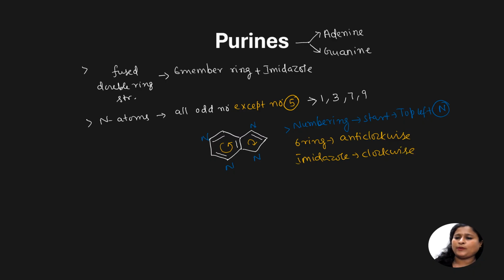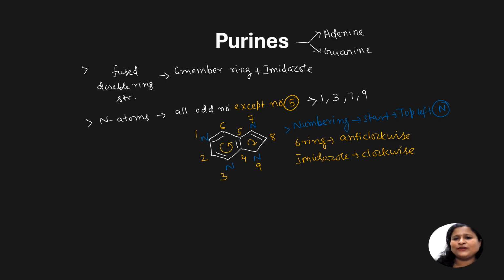This is the second point you have to remember. So now let us put the numbers. This is carbon number 1, 2, 3, 4, 5, 6, and then you have 7, 8 and 9. Clear about the numbering? I hope this is clear.